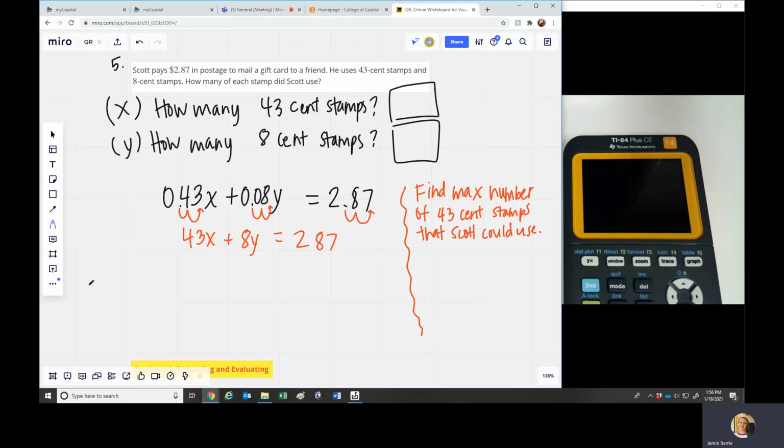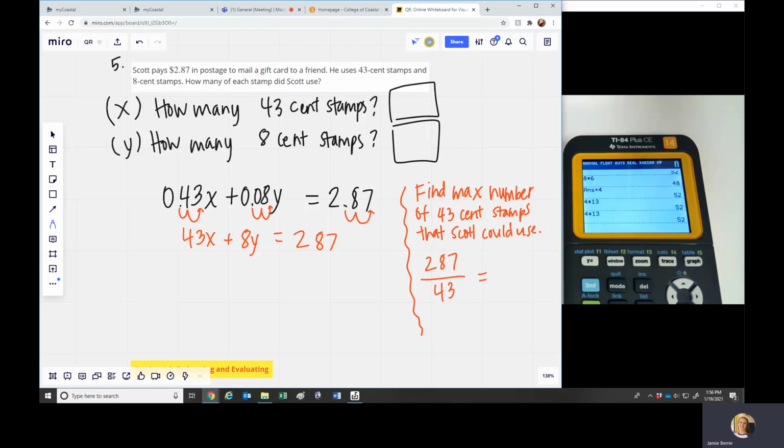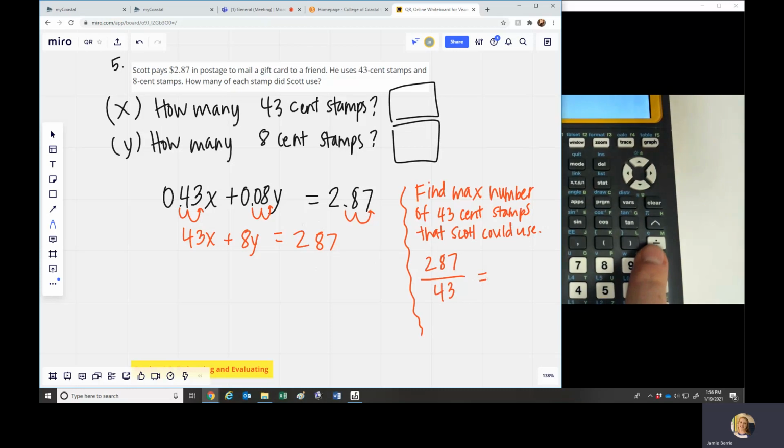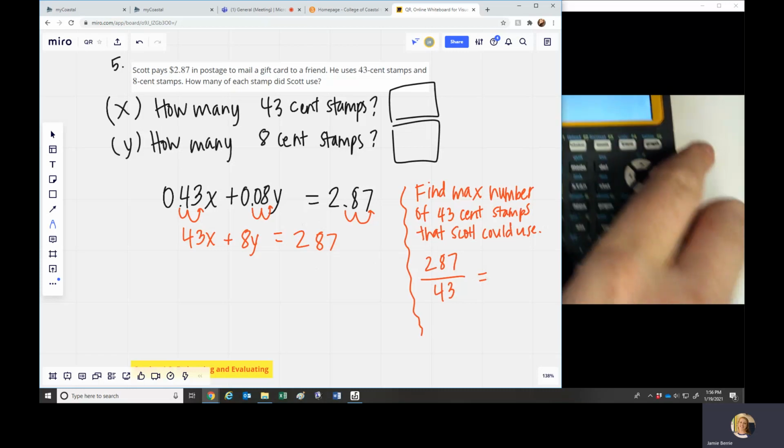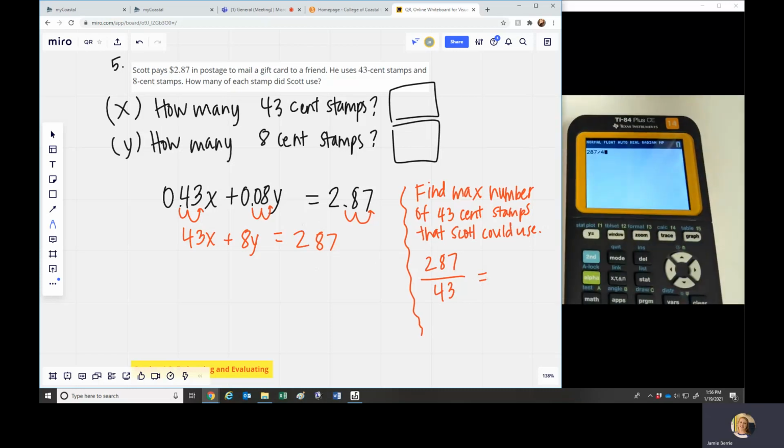All right, so the way that we could do that is just to take your total, 287, and divide it by 43. That's going to tell you the maximum number of 43-cent stamps he could have used. So 287 divided by 43.